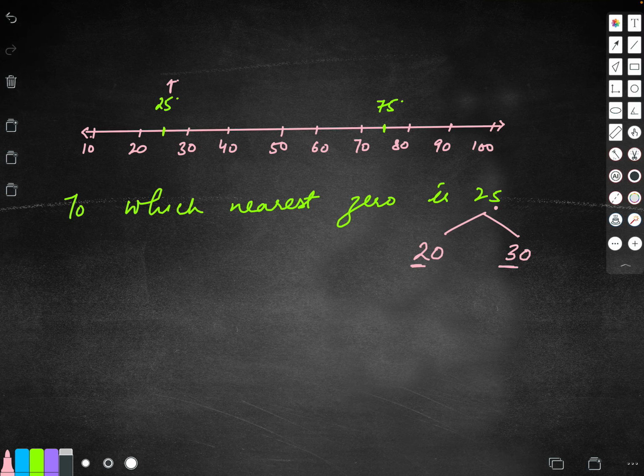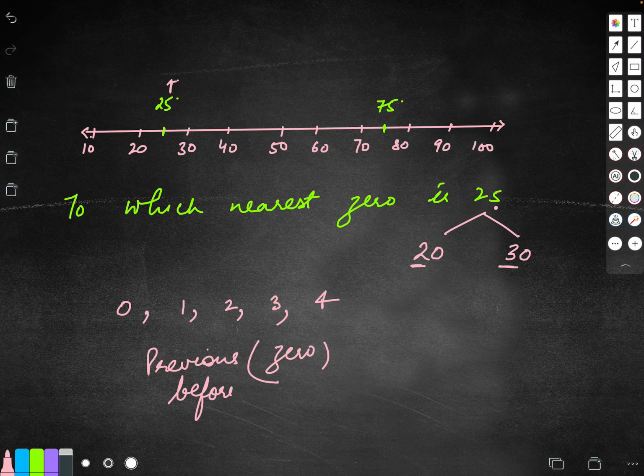If the ones place digit, focus on my words, if the ones place digit is 0, 1, 2, 3 or 4, it is near to the previous zero, the one before. Got it? If it is 5, 6, 7, 8 or 9, then it is near to the next zero, the one after.